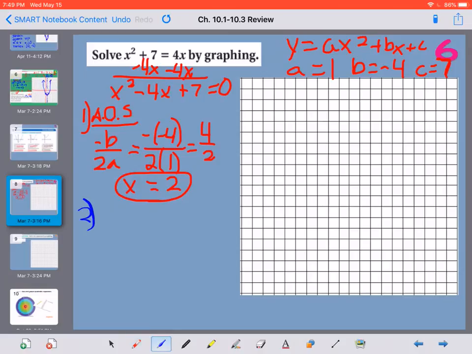Second, we have to find our vertex. Now we do that by plugging it in. We plug in our x to our equation. So we'll have 2 squared minus 4 times 2 plus 7.